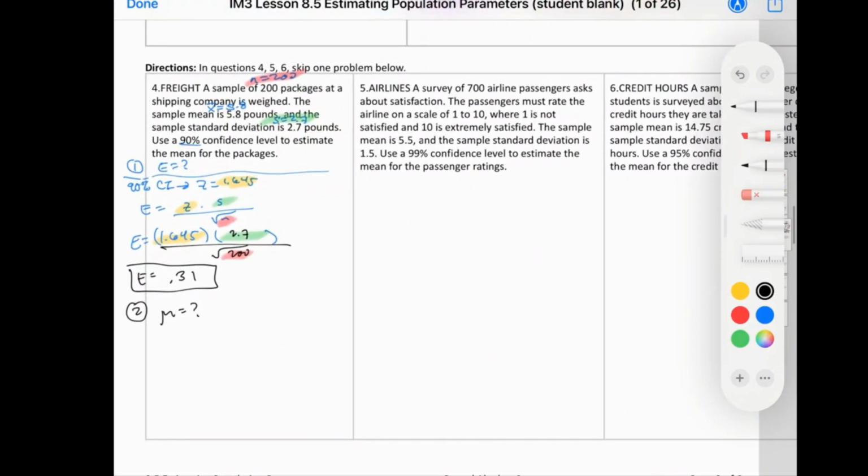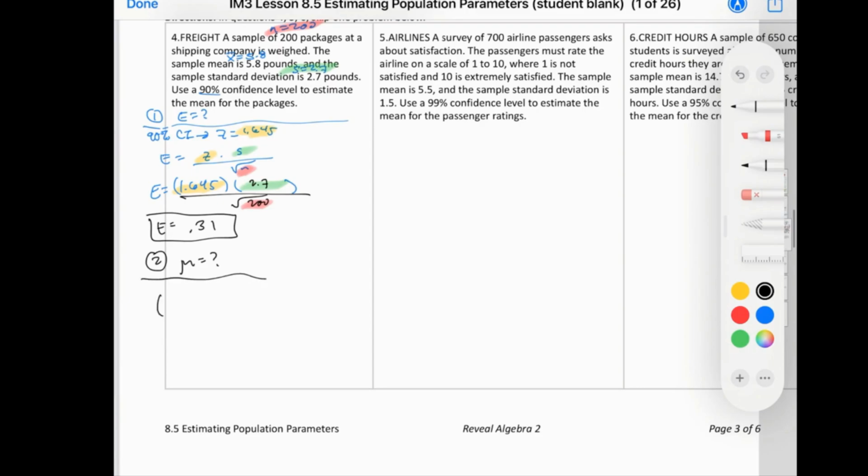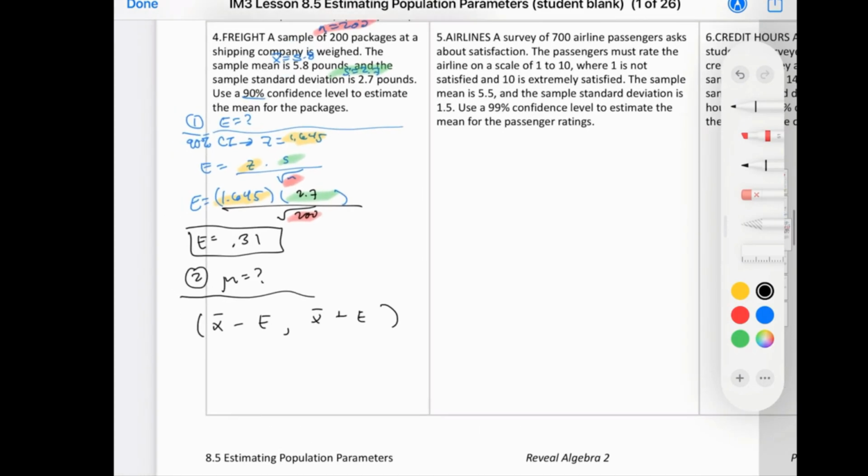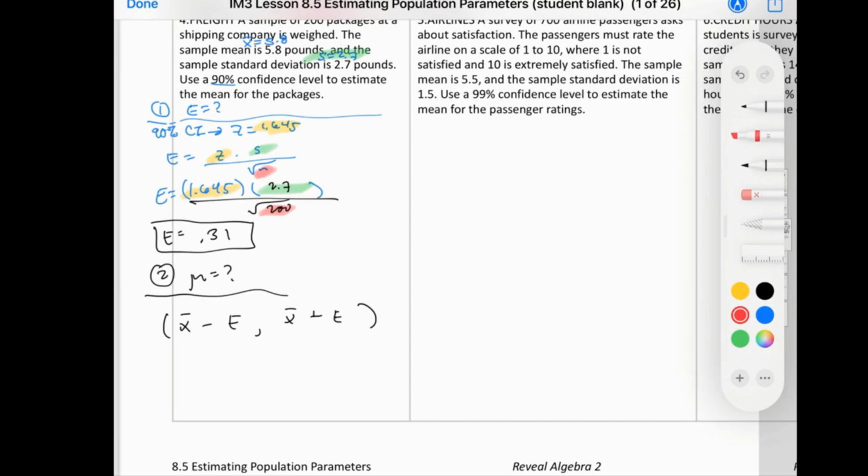So our range is x bar minus the E and x bar plus the E. And our x bar is 5.8. That's a plus, minus, and our E value from what we just found.